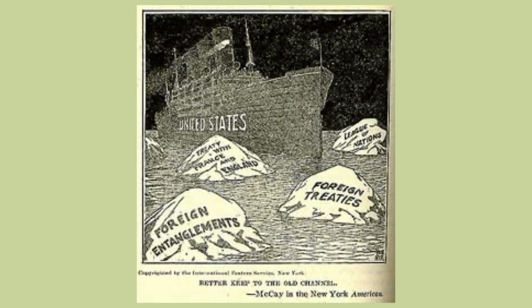And you can see the League of Nations is also seen as a kind of danger, an iceberg to the United States. And so the Americans, and this is crucial for the future of the League of Nations, just took the view that if they joined this international organization, they could be drawn back into the kind of conflict that they'd had to fight in 1917 and 1918.